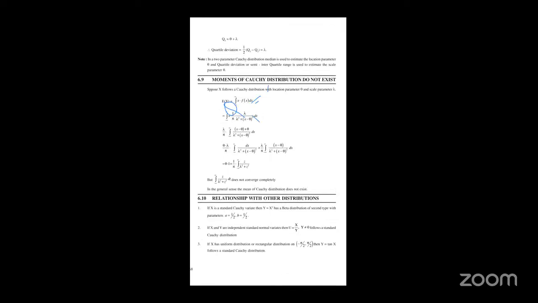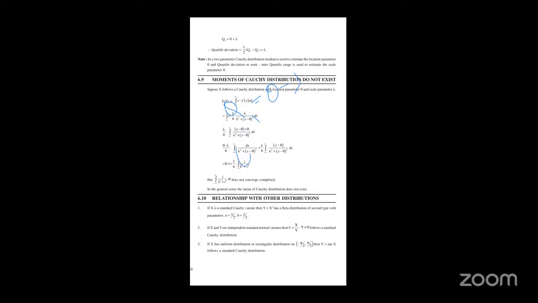So if we do the same manner for quartile 3 also, what will we get? We'll get the value theta plus lambda. In quartile 1, what we got? Quartile 1 is equal to theta minus lambda.